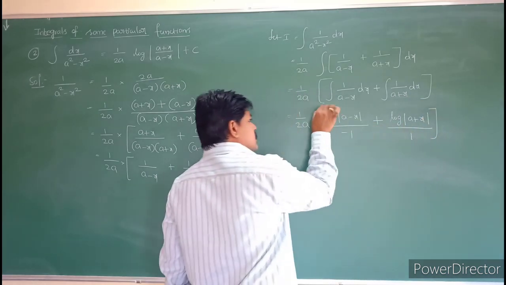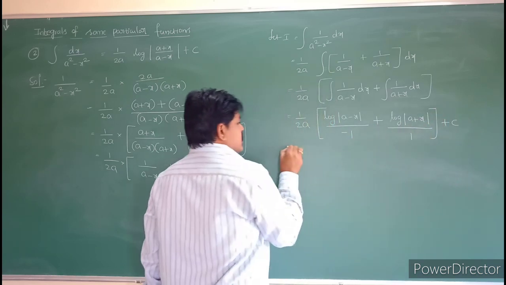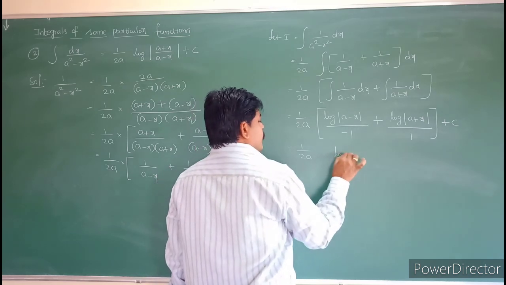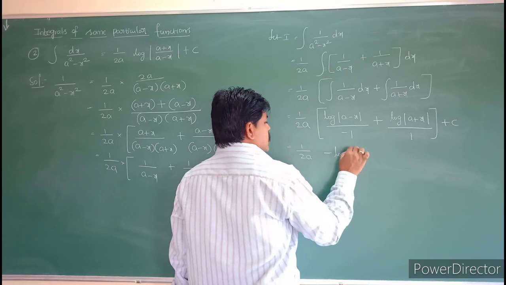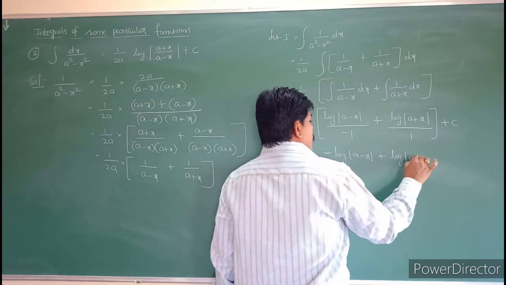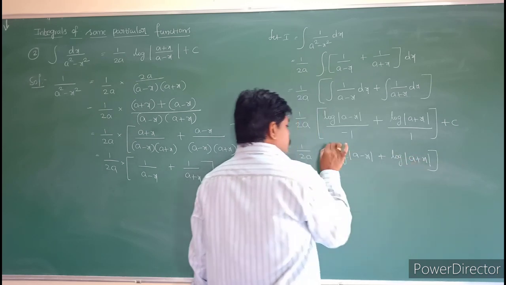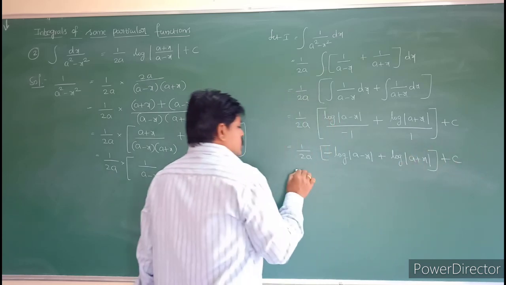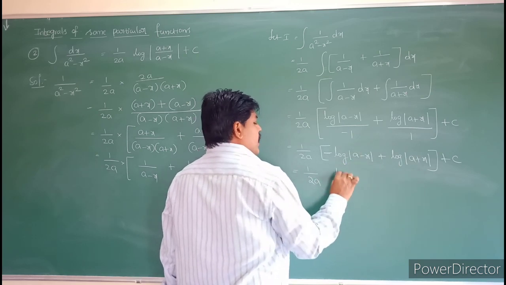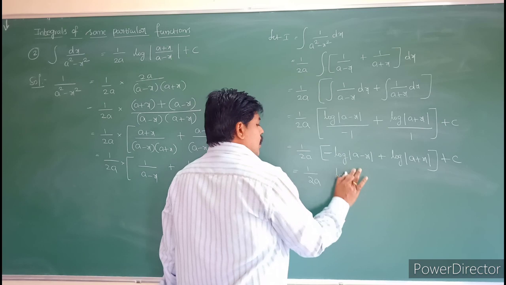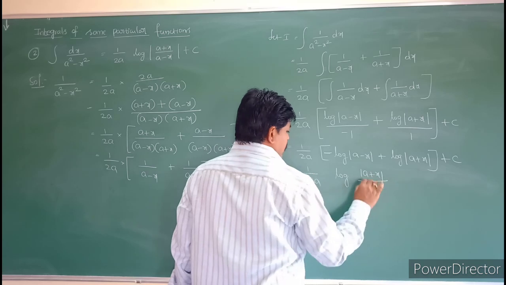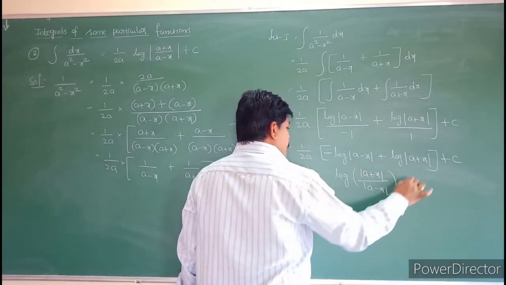Plus c. So that is equal to 1 by 2a into this value you can write as log of mod a plus x minus log of mod a minus x plus c. So how can you write this? log a minus log b you can write as log of a by b, that is nothing but log of mod a plus x by mod a minus x plus c.